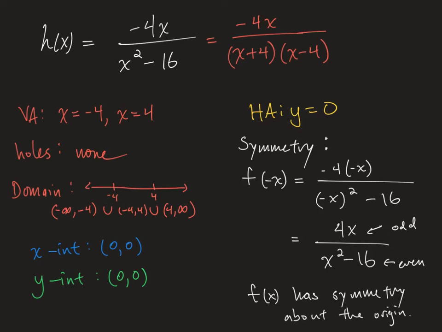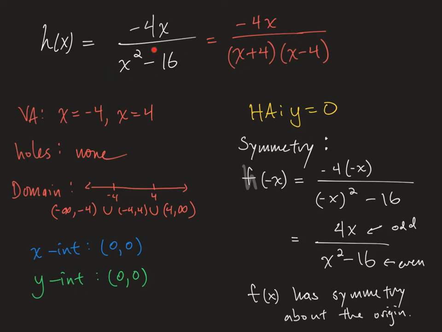And the symmetry here, this graph actually has some symmetry to it. If you find h of negative x, I apologize for that, this should be h of negative x, then you can substitute negative x in for all of the x's. The top, every term in the numerator changed signs. That's what makes the numerator odd. No signs of any terms in the denominator changed, right?